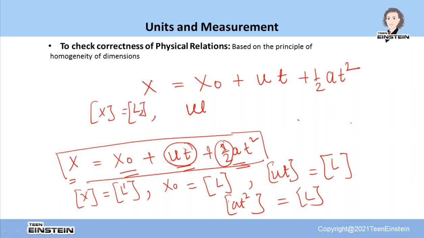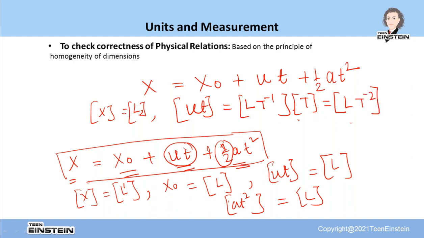Now let us see u and t. What is the dimension of this? Look, u means velocity, that means length by time, so L T to the power minus 1, and this is again a t. T means it has dimension of time, so I can write this as L T to the power minus 2.